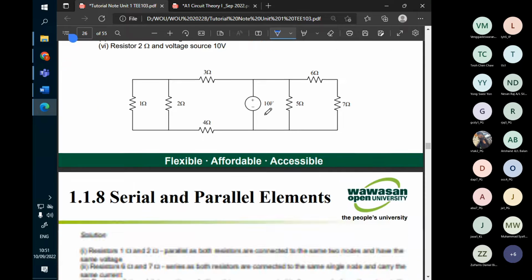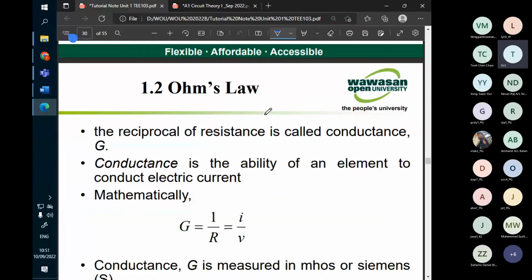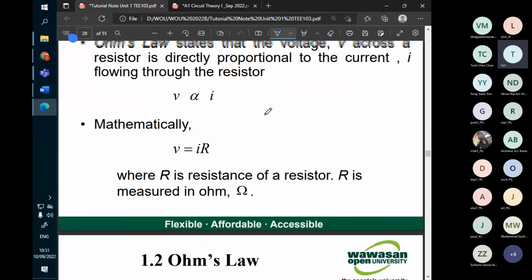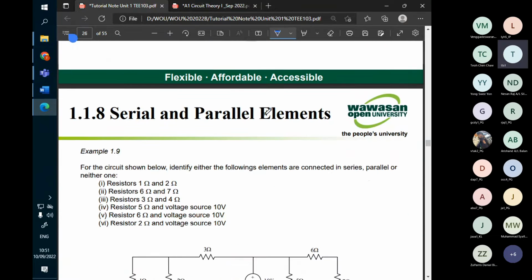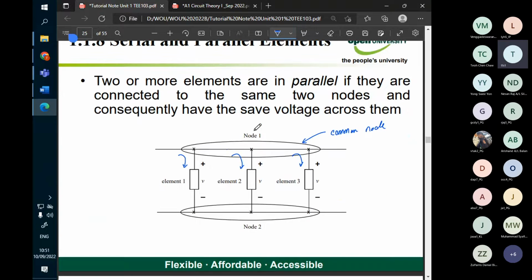Another possible alternative is where is the series? This is parallel. Series is like this one. In series, we have element 1, and then element number 2, and element number 3.